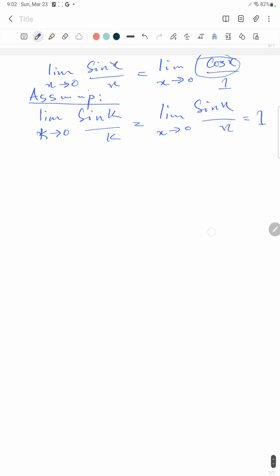So this is an assumption we are already making. It's like you are trying to evaluate limit x tends to 0 of sin x by x, and in the process you are already assuming that the value of this limit is 1.